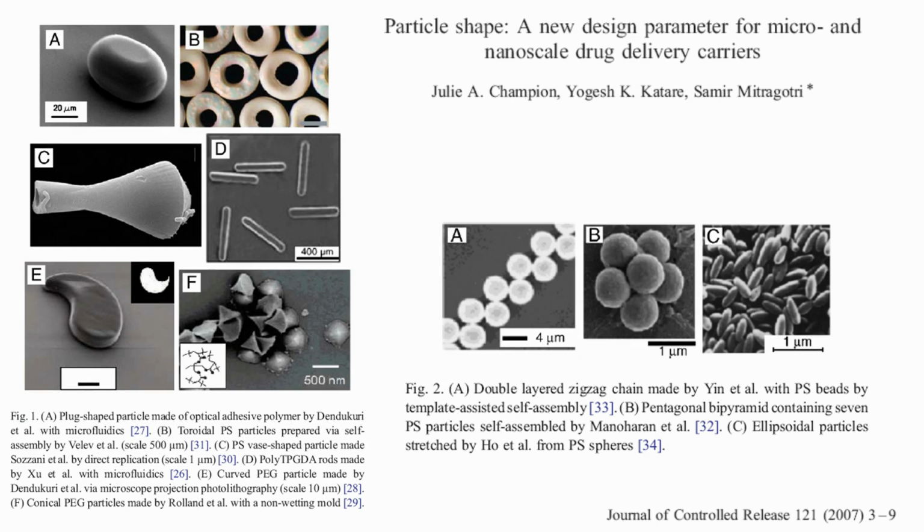There are spherical particles, spherical particles aligned in a certain pattern, rod shaped or ellipsoidal particles, cone shaped particles. All kinds of particles have been synthesized by researchers across the world, and it has been studied and shown in certain applications that shape can play an important role in increasing the efficacy of delivery.